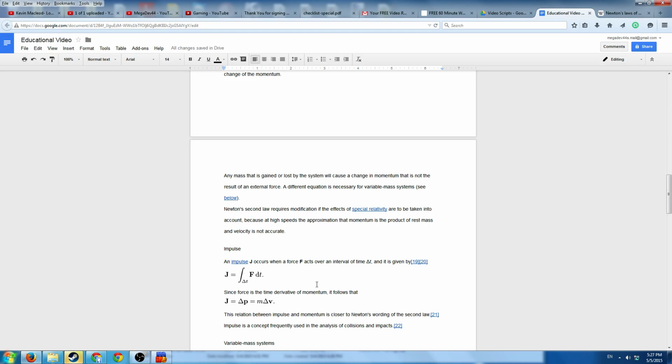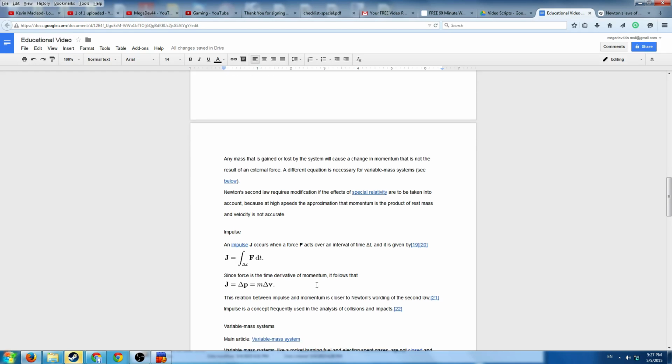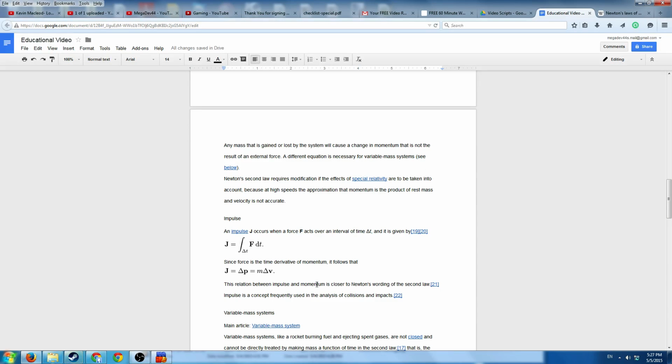Since force is the time derivative of momentum, it follows that the figure shown below holds. This relation between impulse and momentum is closer to Newton's wording of the second law. Impulse is a concept frequently used in analysis of collisions and impacts.